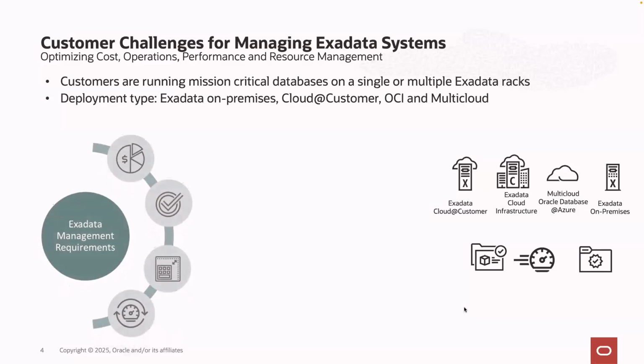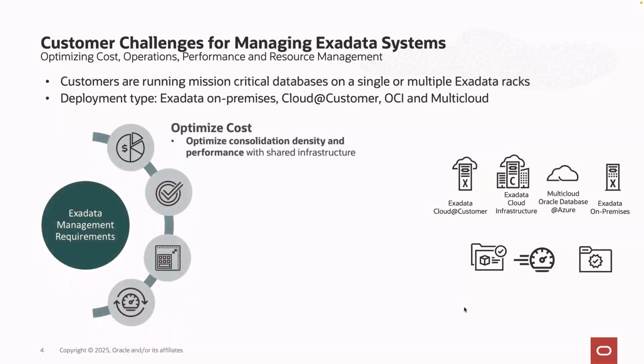So with that, it's also quite important to work with optimization. Cost and consolidation density is quite important for any customer. Exadata is a large machine and quite expensive, when it comes to all the features, the rack, and the database licenses.